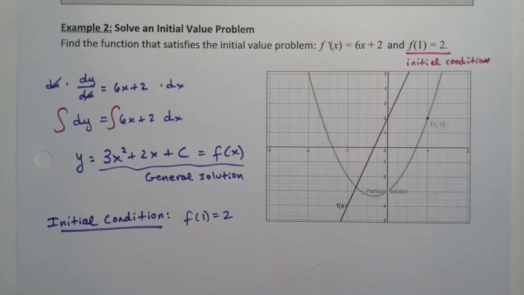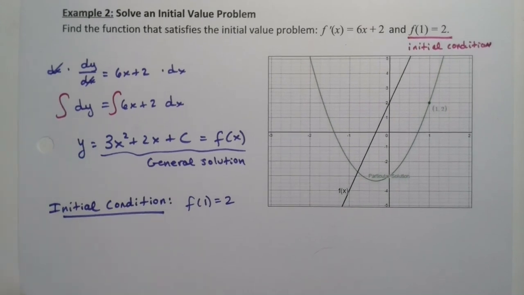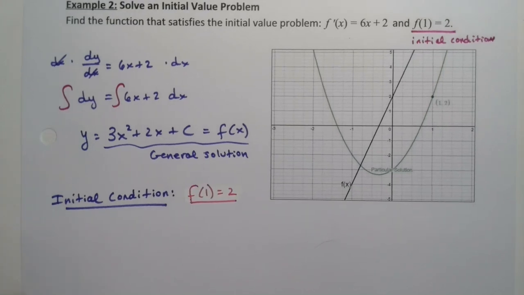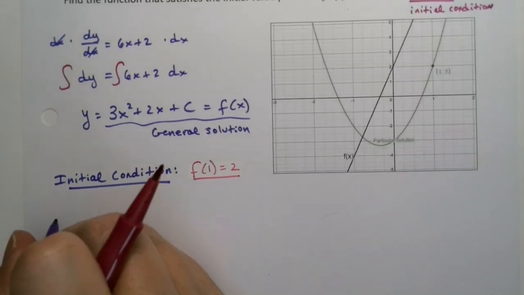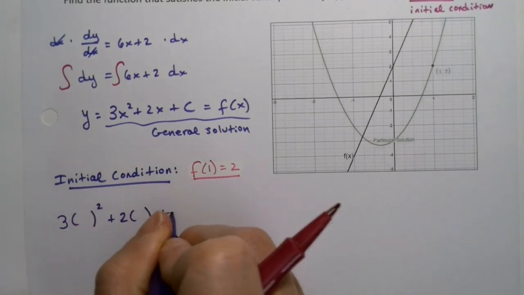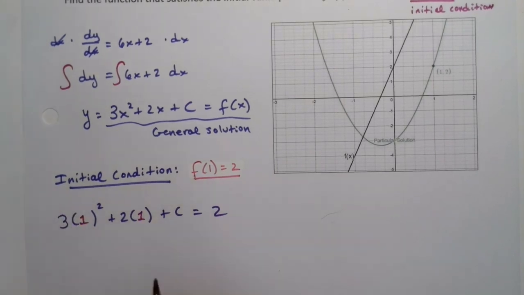All right, so then I can take that f of 1 equals 2 and I can substitute it in. All right, so f of 1 equals 2. So 3 times something squared plus 2 times something plus c is equal to 2. And that is 1 in here, right? Because those are x values.